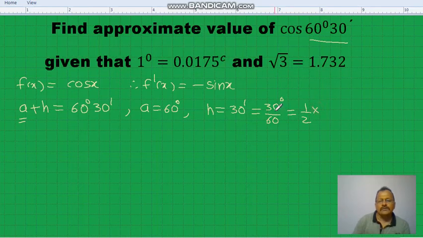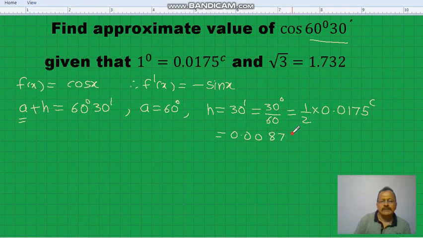I want to convert this degree into radian. 0.0175 radian, so this h is 0.00875 radian.